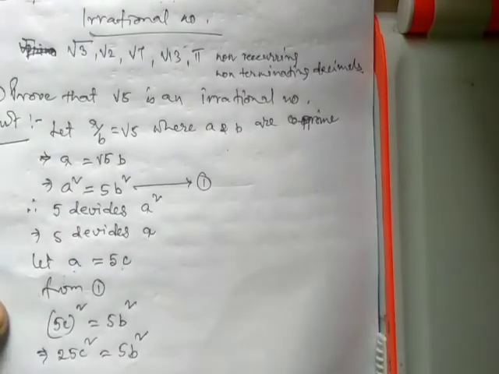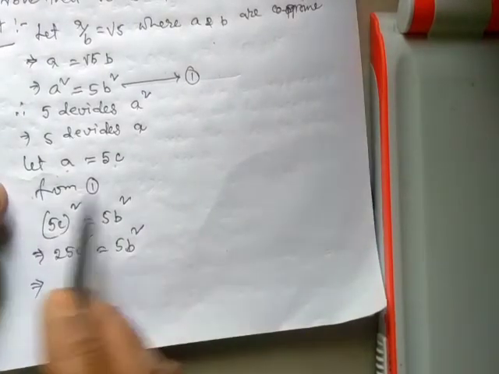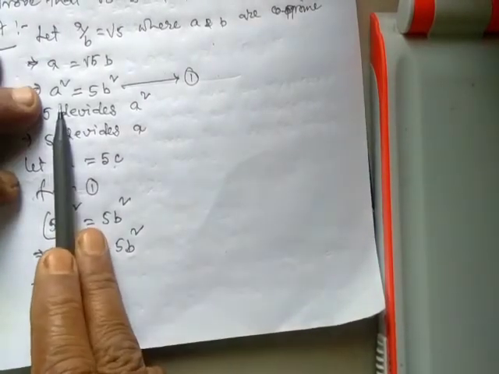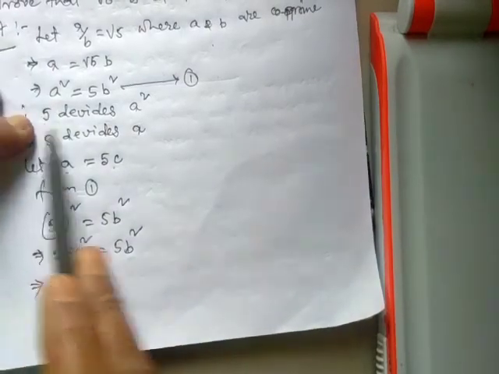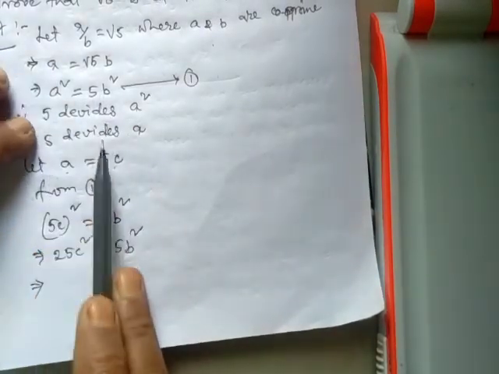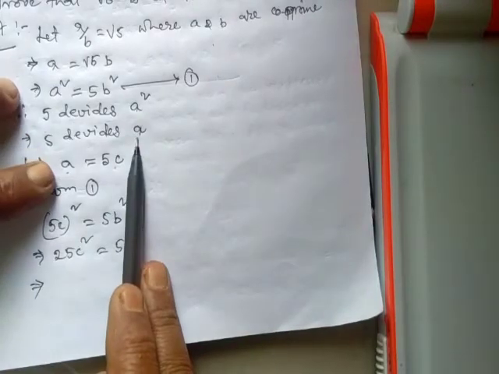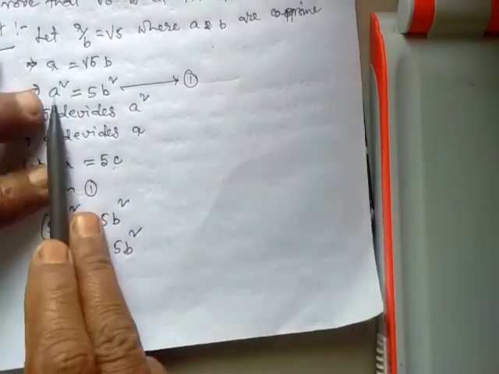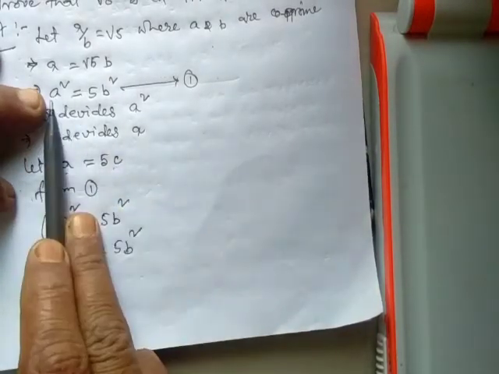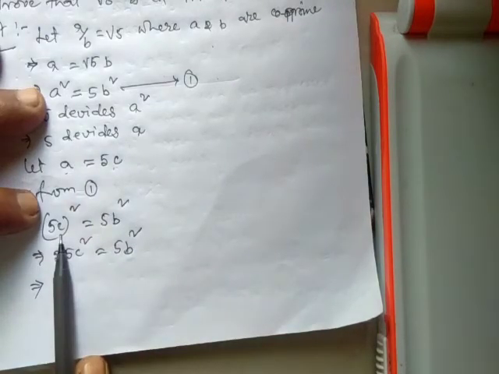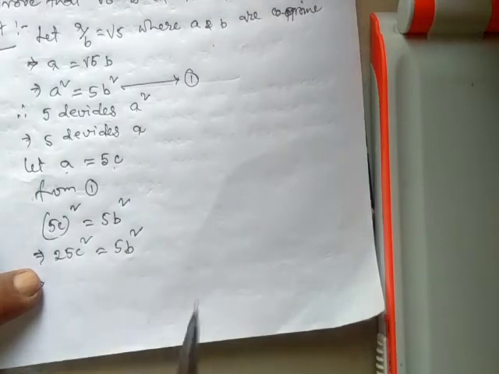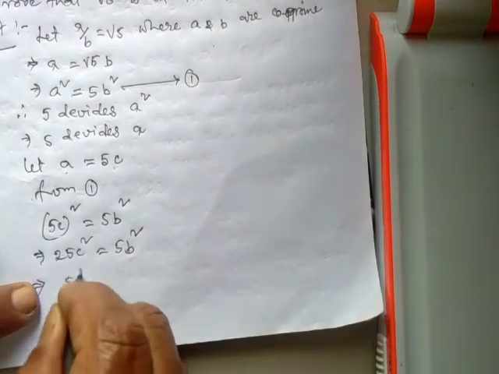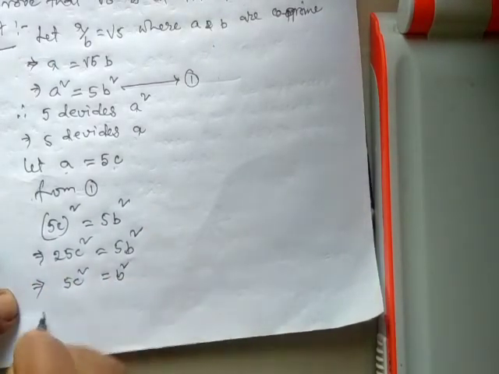This implies 5c square is equal to b square.